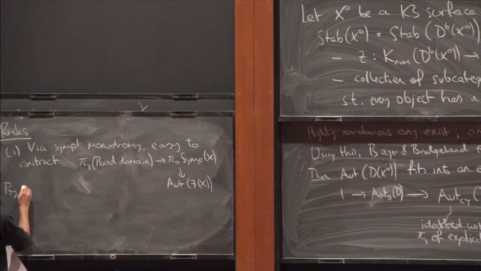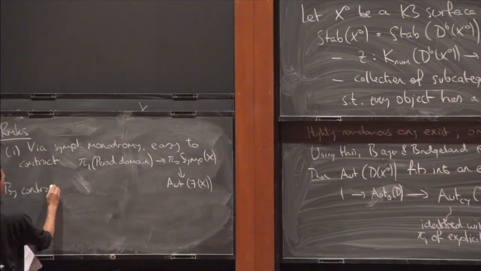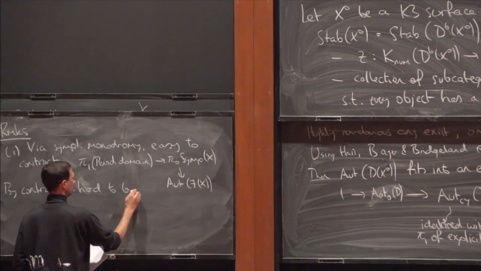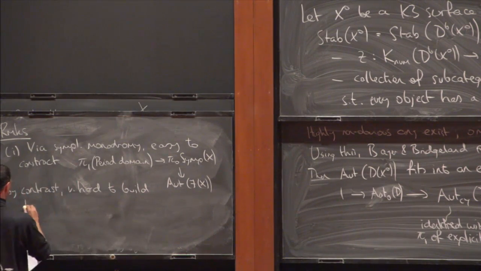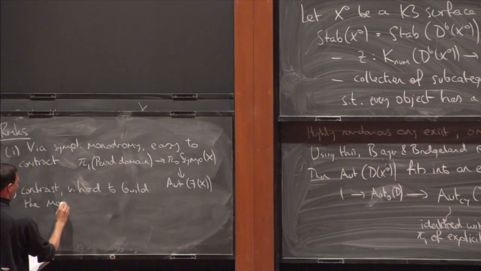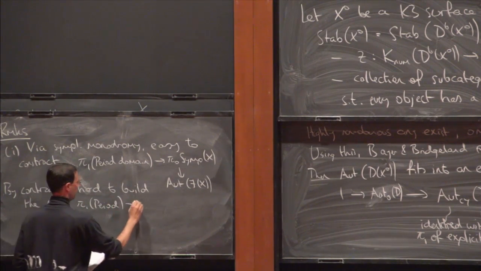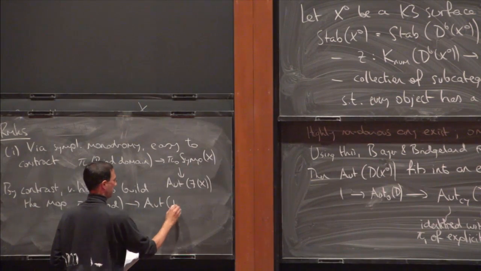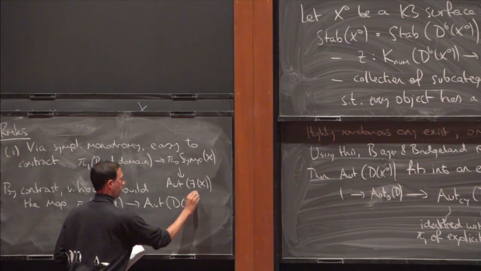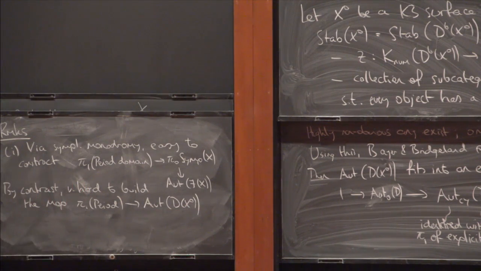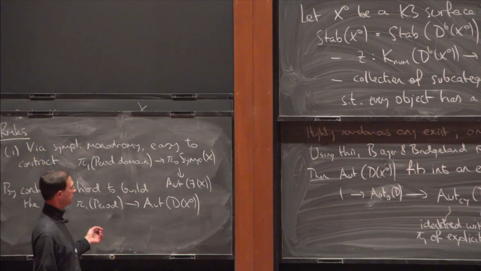And by contrast, it's very hard to build the map from this pi 1 to autoequivalences of the derived category of this generic, Picard generic quartic surface, which is what Bayer and Bridgeland do.